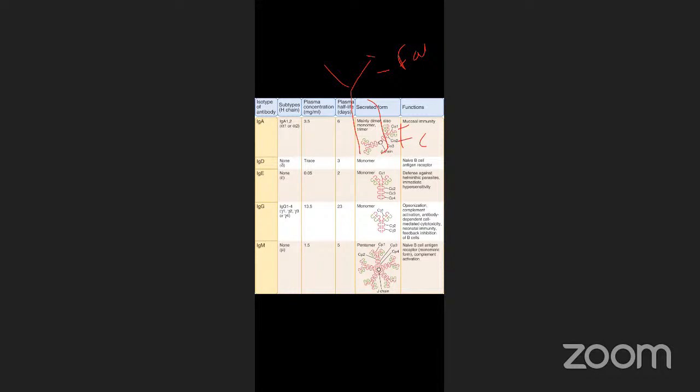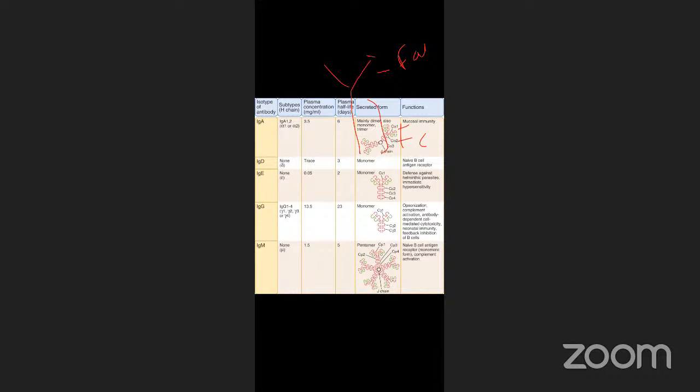Two domains are there: heavy domain and light domain. Heavy domain means VH, the heavy chain variable region, and the constant heavy region. You can study all those things.